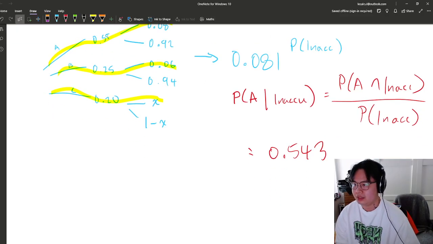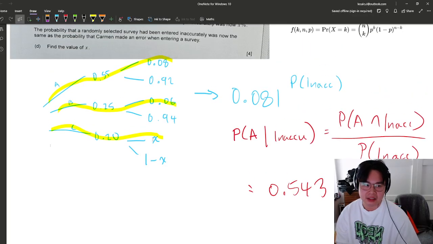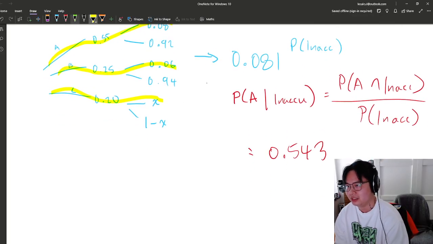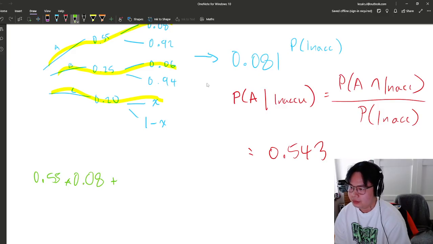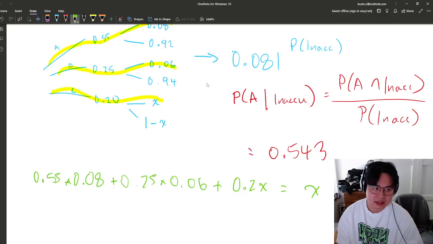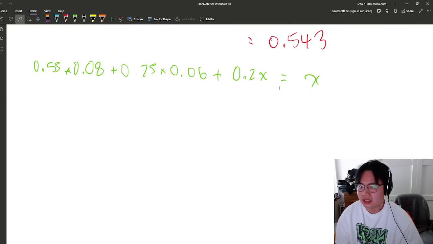So these three added together is equal to X, if I'm interpreting that question correctly. So 0.55 times 0.08 plus 0.25 times 0.06 plus 0.2 times X is equal to X. And then we can solve for X.